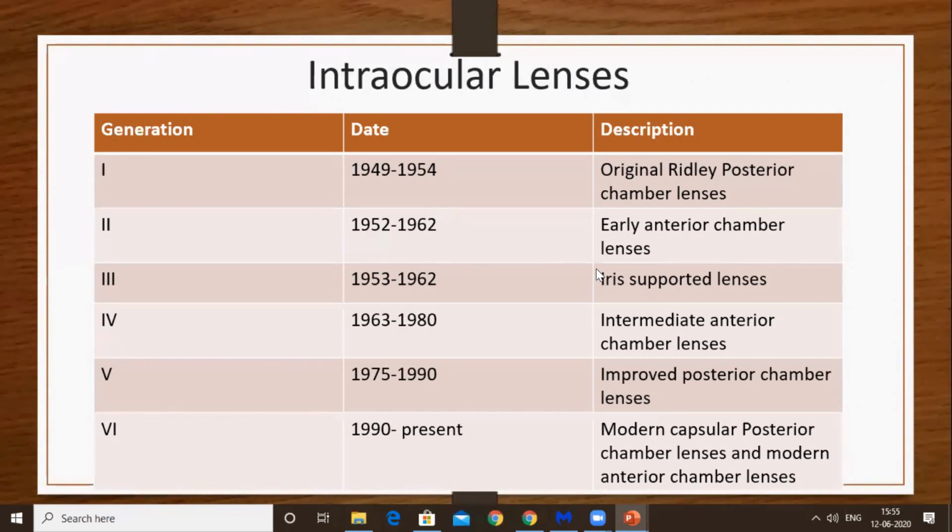In recent times we call it an optic capture, because the optic will be fixed in the iris. Then from 1975 the posterior chamber lens came into practice. So nowadays many of the lenses come as posterior chamber lenses only.